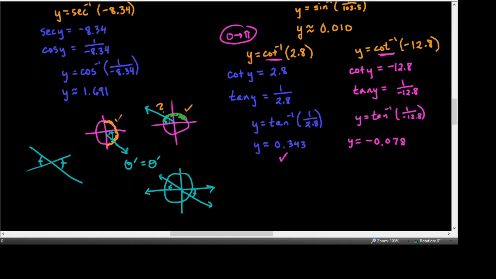All we have to do to get from this negative answer that we have to the answer that's between 0 and pi is to add pi, add half of a rotation. So what we're going to have to do when it's cotangent inverse of a negative, this one's weird, so you're going to have to remember it, it's different.